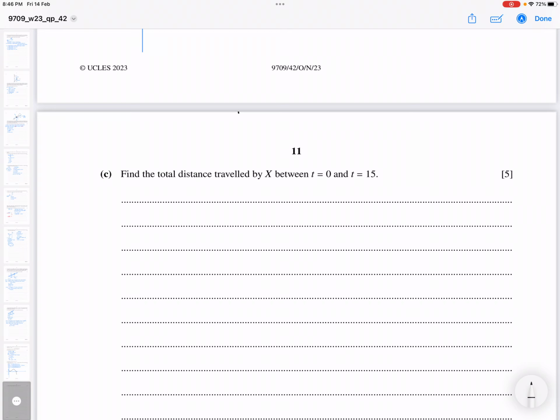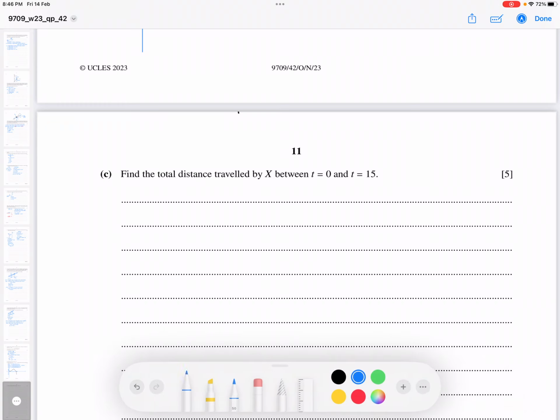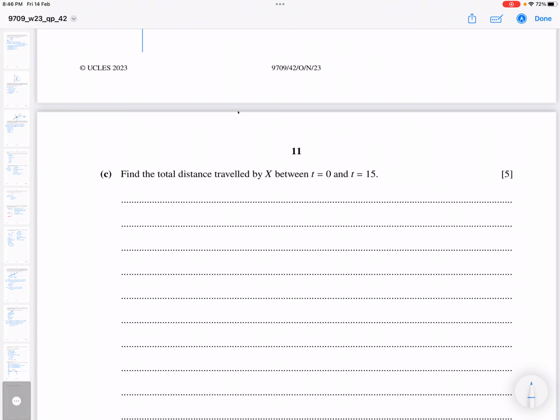Find the total distance traveled by x between t equals 0 and t equals 15. So for this, you have to integrate the velocity from 0 to 14 of minus 0.1 t cube plus 1.8 t square minus 6t plus 5.6 dt, plus second portion of integration will be from 14 to 15.